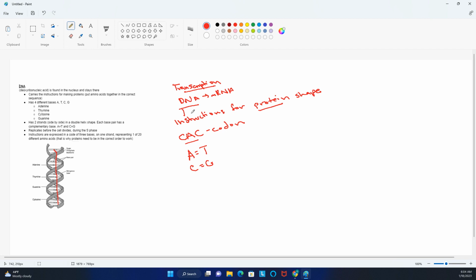This process of replicating the DNA, so getting all the chromosomes to have a copy, is going to happen during the synthesis phase, the S phase, of mitosis and meiosis. So replication of DNA during synthesis phase happens for mitosis and meiosis.